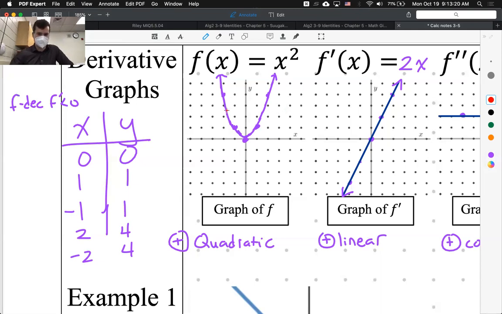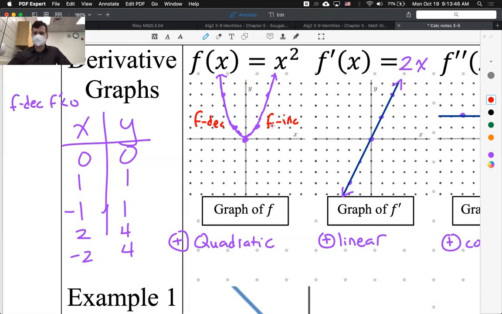So if I draw any point on this line, the slope of the tangent is negative there. Over here, the slope of the tangent is positive. Therefore, it's between negative infinity and 0. So everything on the left-hand side of 0 is f decreasing. Obviously, everything on the right-hand side is f increasing.